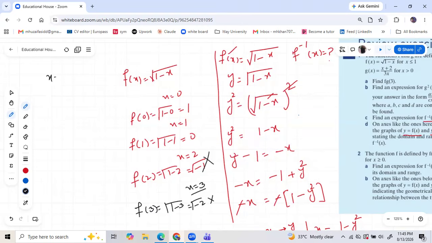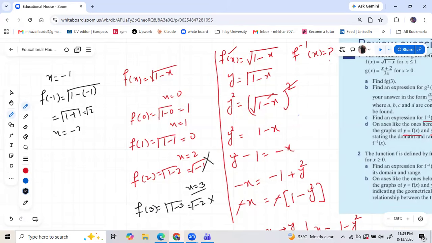If we set x equal to minus 1, f of minus 1 is equal to the square root of 1 minus minus 1, which is 1 plus 1, the square root of 2.